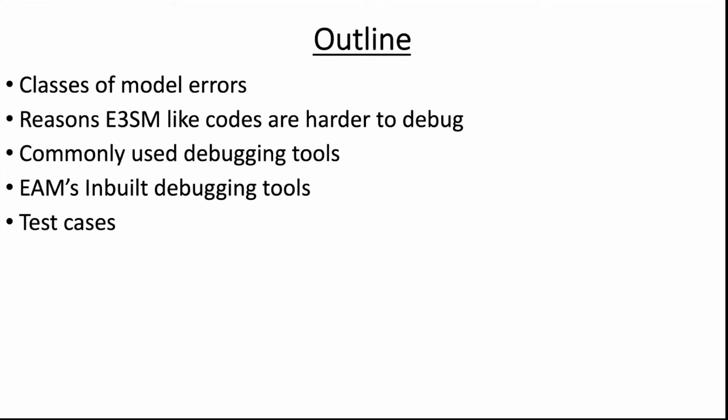I will also briefly go through the reasons why E3SM-like codes are harder to debug, and some commonly used go-to debugging tools which a lot of people use when they run into an issue. Then I will go through the E3SM atmosphere model, EAM, inbuilt debugging tool, which is the focus of this talk. And then I will go through test cases to demonstrate how to use these tools.